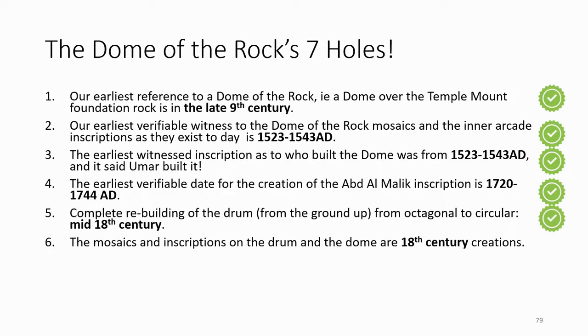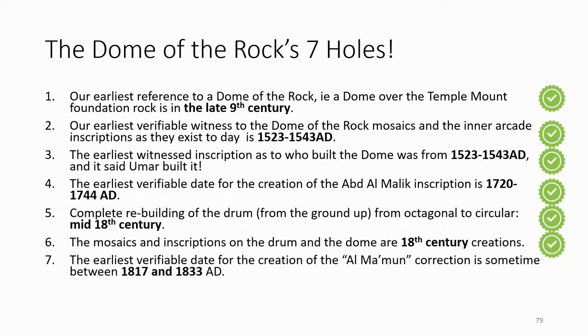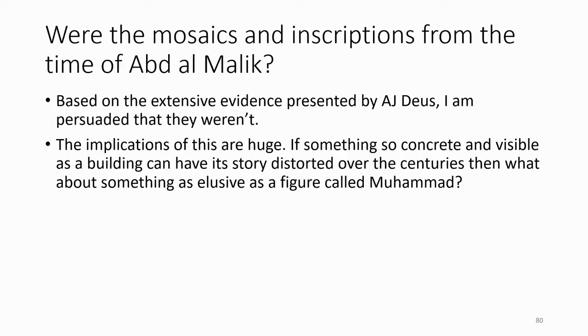The mosaics and inscriptions on the drum and dome are 18th century creations. And lastly, the earliest verifiable date for the creation of Al-Mamun's correction is sometime between 1817 and 1833 AD.